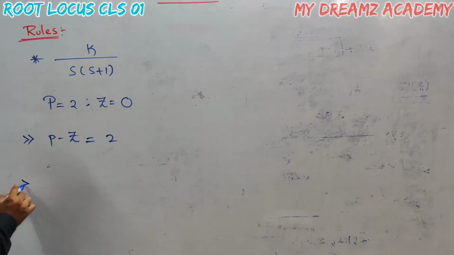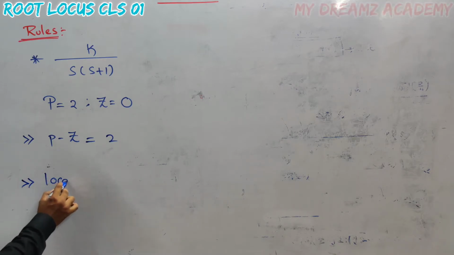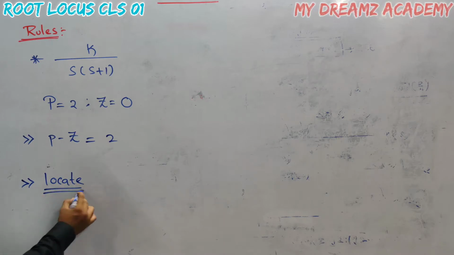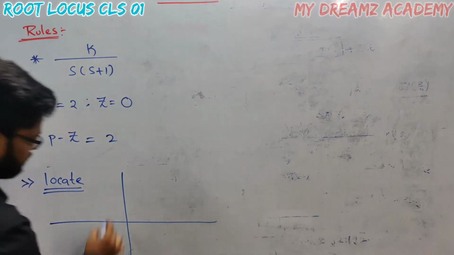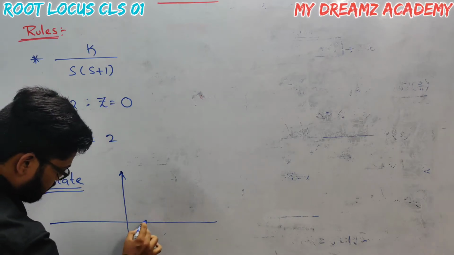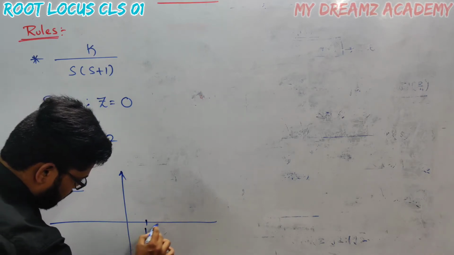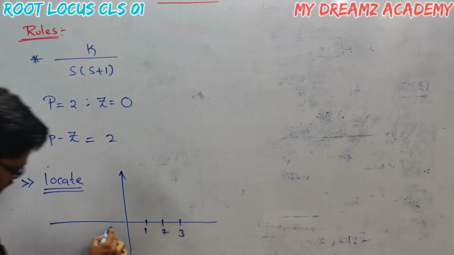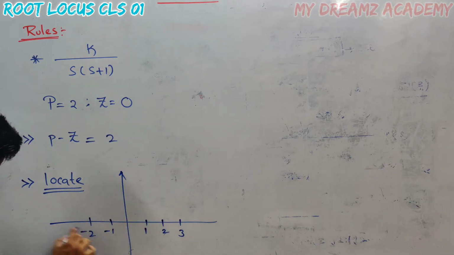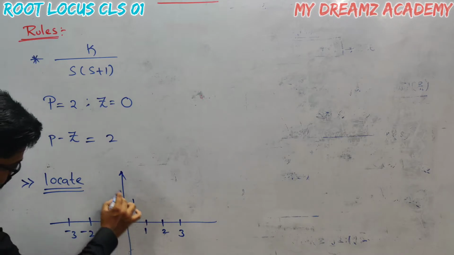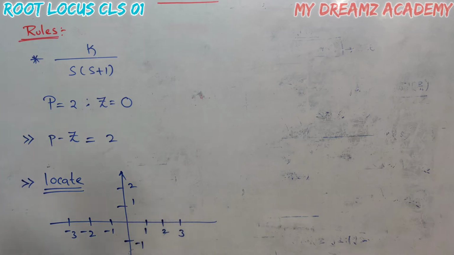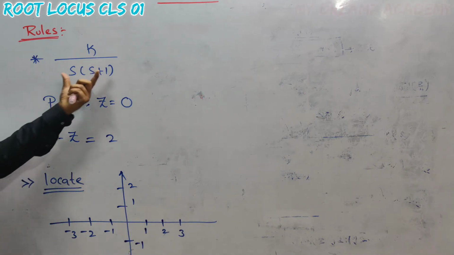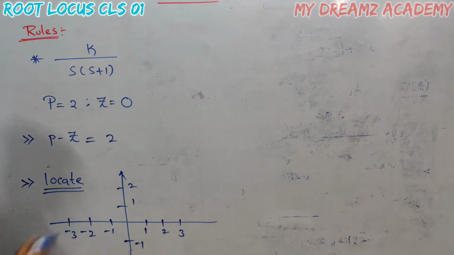Next, locate the roots. This is the S plane, with 1, 2, 3, minus 1, minus 2, minus 3 on the axes. We need to locate these roots in the graph.